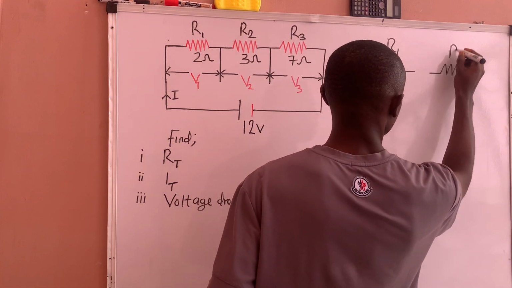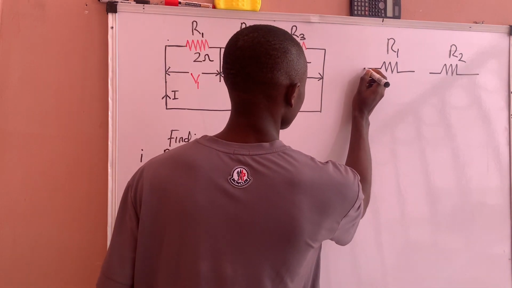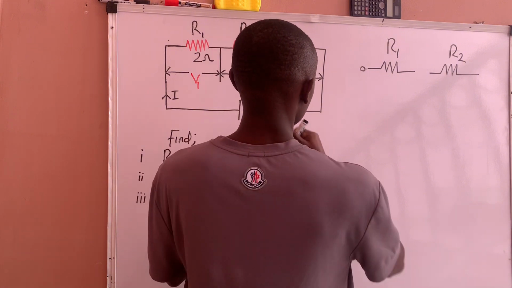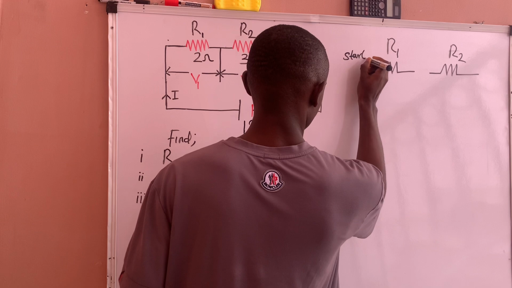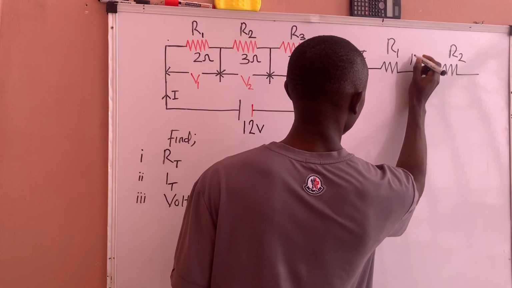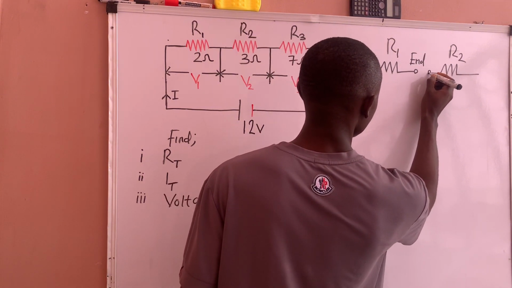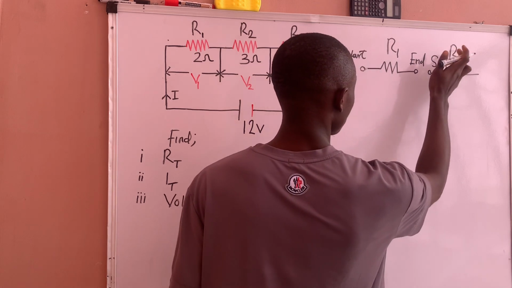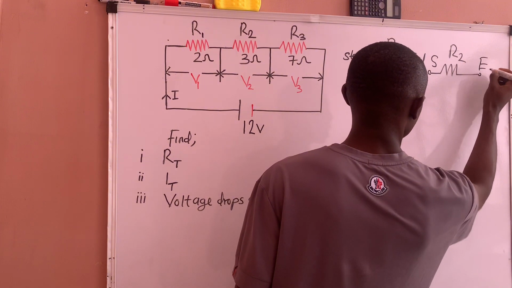Let's call this resistor R1, and this resistor R2. This is the starting terminal of resistor R1, and here is the ending terminal of resistor R1. And this particular point is the starting terminal, S, of resistor R2, and the ending terminal, E, of resistor R2.